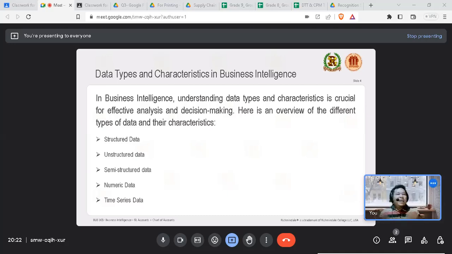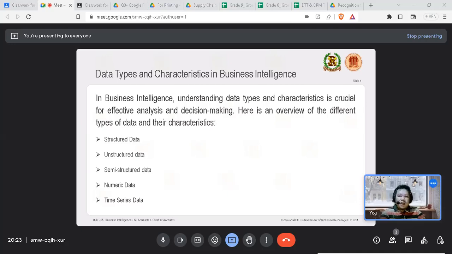It allows organizations to leverage the strengths of both structured and unstructured data for enhanced decision making and business outcomes. So unstructured data possesses unique challenges, but offers valuable insight in business intelligence.